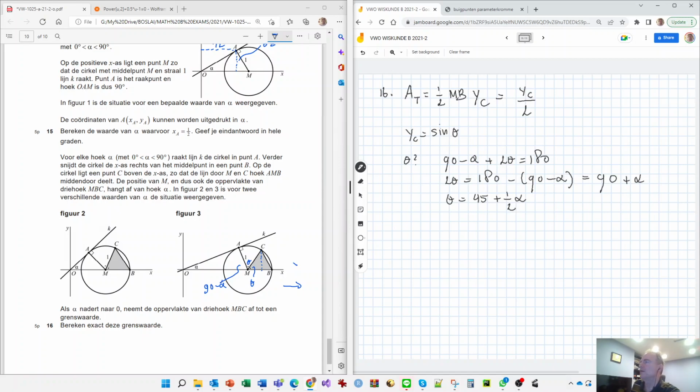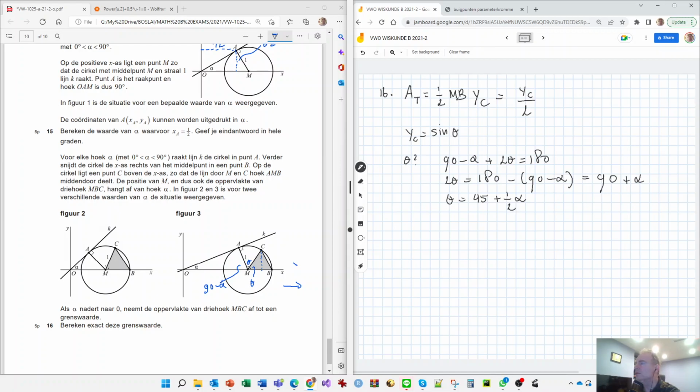Okay, so now I think we have everything we need. We were missing yC. We can express yC in theta and theta in alpha. And you can actually see what's happening. This theta here has a lower limit of 45.